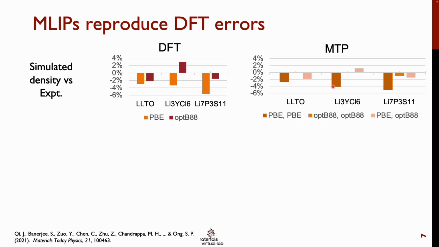If we look at the right plot, we will see that the MTP exactly reproduces the result of DFT. And the exact functional it reproduces is the functional after the comma, which is the one used to generate energy and forces. This tells us that we can use a relatively cheap functional to generate the training structures, while we use a more expensive and more accurate functional to generate training energy and forces.